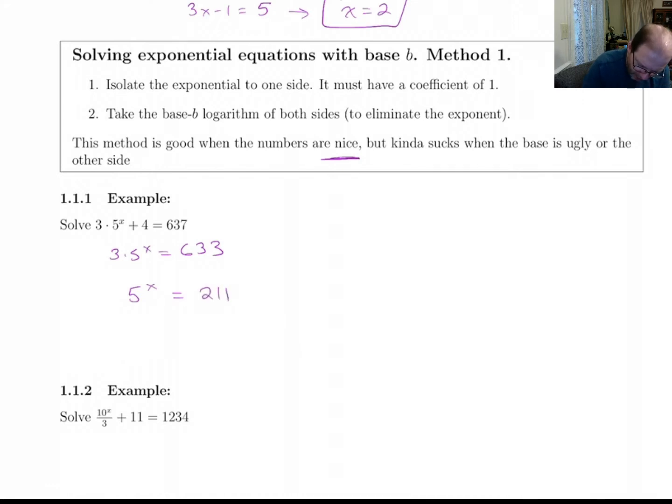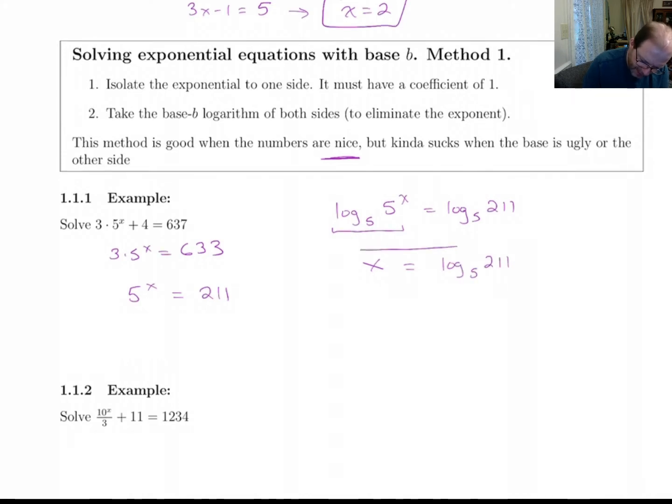And then you take the log base 5 of both sides. So log base 5 of 5 to the x equals log base 5 of 211. And this over here becomes just x. And the other side is log base 5 of 211.